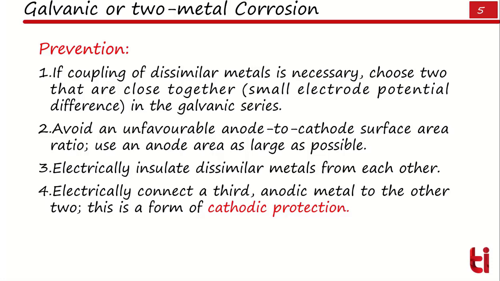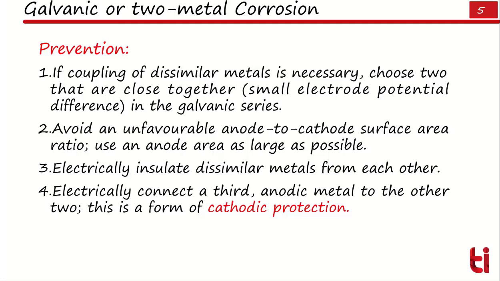The fourth possible way is you can electrically connect a third anodic material to the other two metals, and these form a cathodic protection. So let's say you have metals B and C which are interconnected. B becomes anode, C is cathode, so C is already protected, but B as an anode will undergo corrosion.